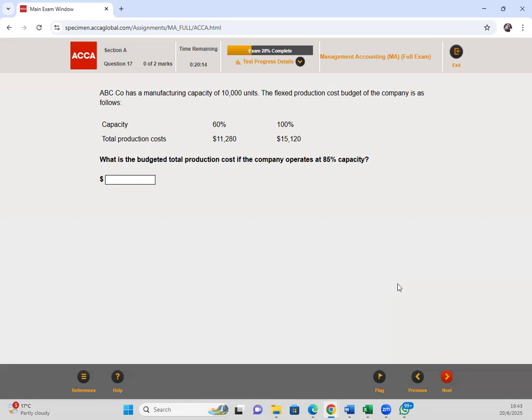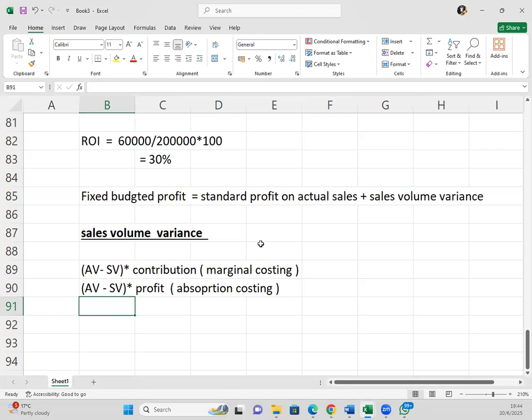We are given production at 60% capacity and 100% capacity. Let me remind you, the production costs are split into two. The production costs are either variable or fixed.